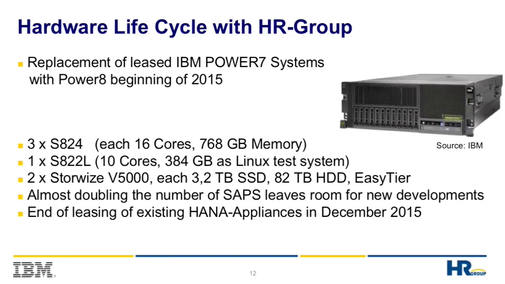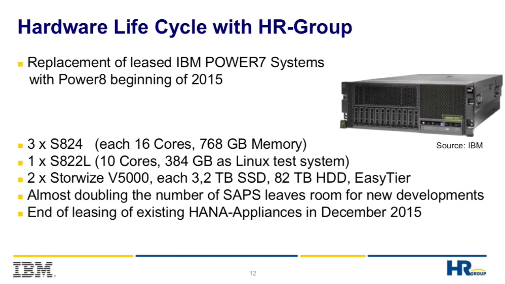For the storage backend, they had IBM Storage V5000 with SSD disks and HDDs on the side. As you know, HANA on Power is set up with TDI. So we did the sizing regarding the HANA needed storage.